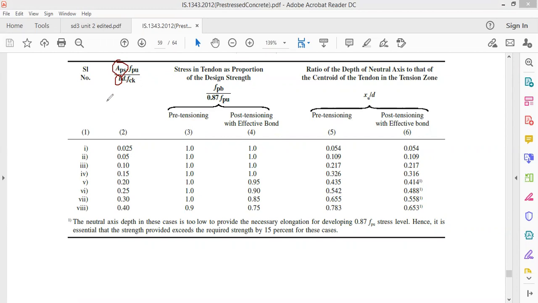So again, we will calculate this parameter with the value. We will be obtaining the value for post-tension, or let's say pre-tension. Again, we will be referring to these values and we will be obtaining the value of FPB.